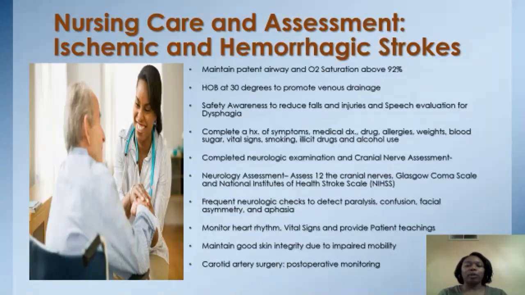Monitoring of the heart rhythm is essential, as A fib or sometimes another arrhythmia such as a flutter may be a causative factor. Good skin hygiene is also essential to prevent skin breakdown due to their impaired mobility, and patient teaching is critical because this is a new diagnosis.